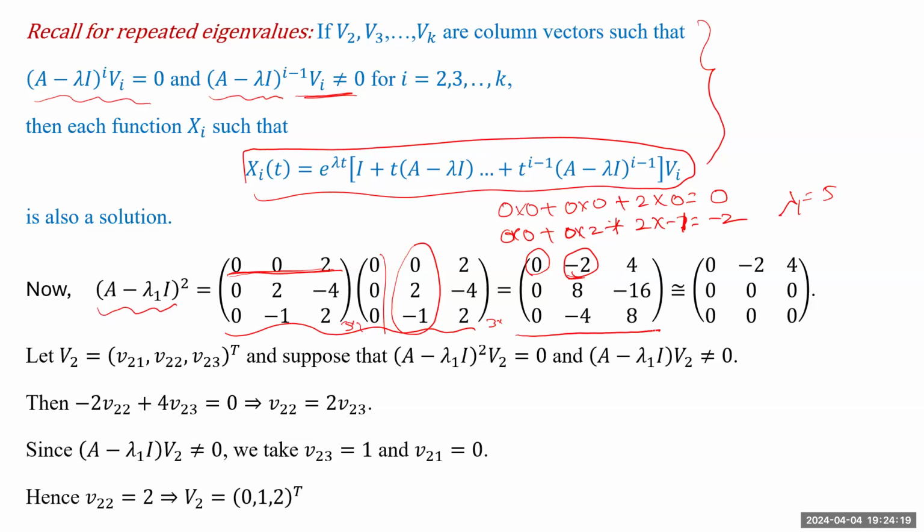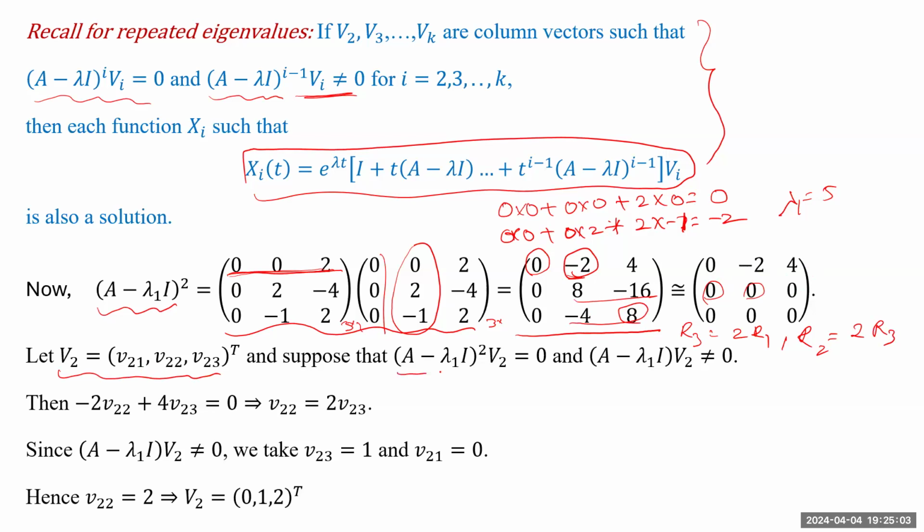Here it is also simple; we can make the last one 0, because R3 is equal to 2 times R1, and R2 is 2 times R3. So it is easy to get a row echelon form to make all these zeros. Finally you get 0, minus 2, 4. And then you have to consider the second vector, V2 equals V21, V22, V23.